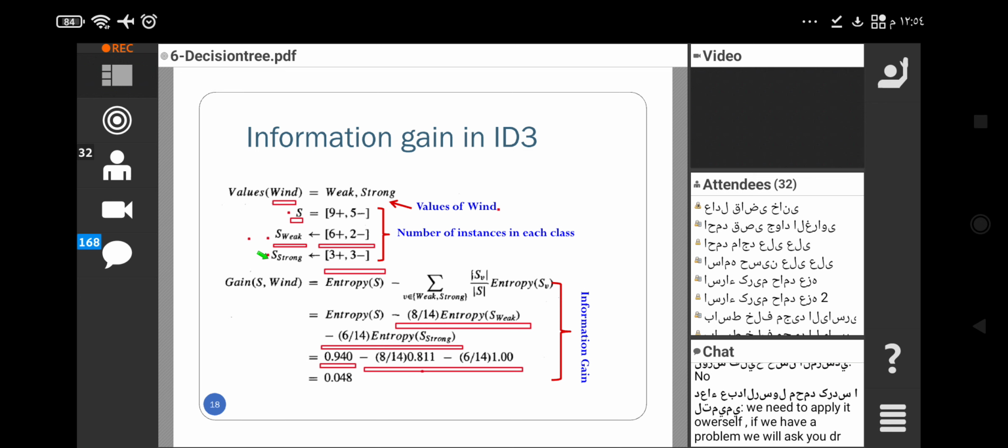Okay, after we have set this and we have set this, we could calculate the gain, and the gain is equal to entropy of the data minus entropy of the attribute.